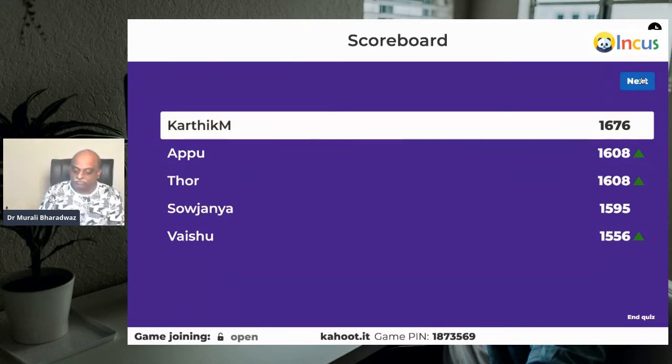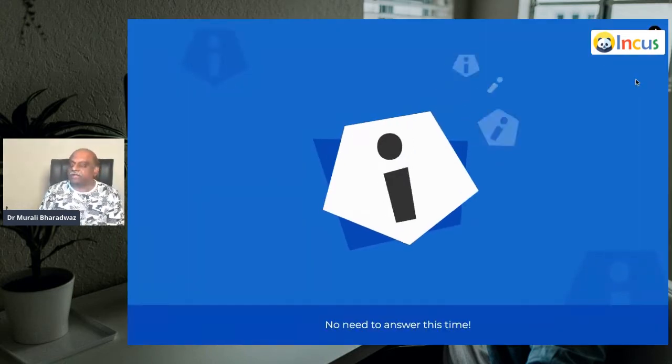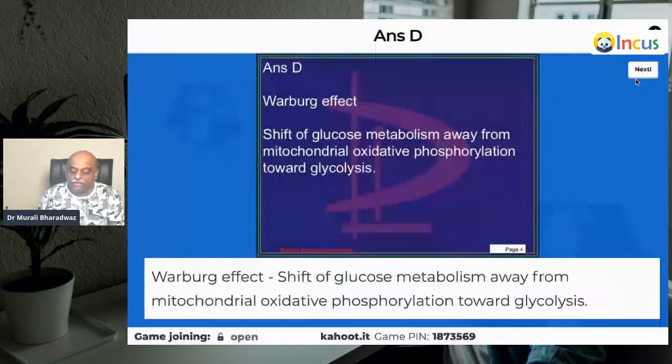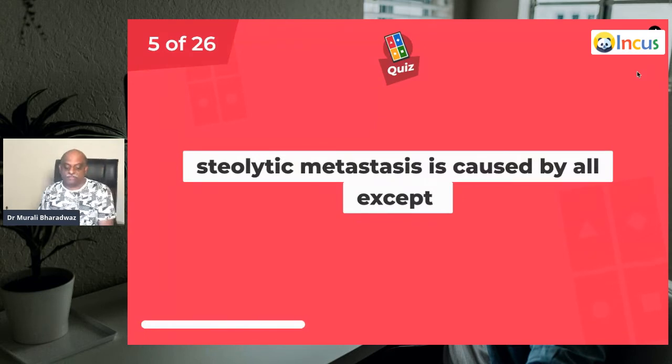Very good. Karthik is standing on the top. And you know, shift of the glucose metabolism away from the mitochondrial oxidative phosphorylation towards glycolysis is called Warburg effect.